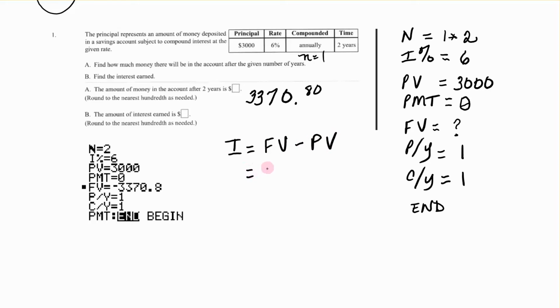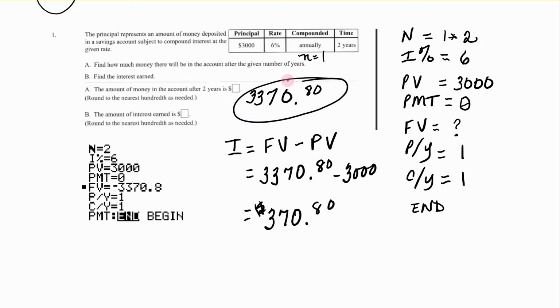So it is 3,370.80 minus the 3,000 that we started with, so it's $370.80. And I think that is just good common sense. Okay? So every time we're going to write these guys down. Let's go to our next problem.